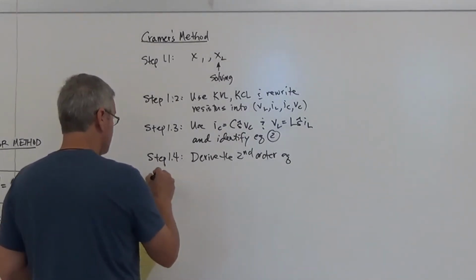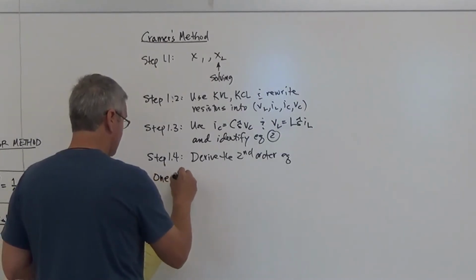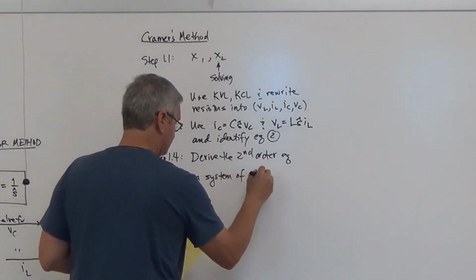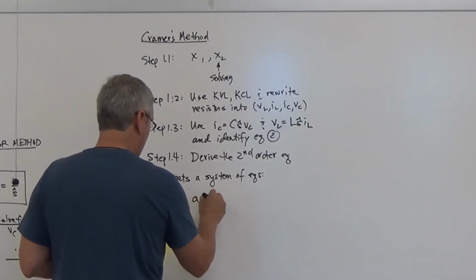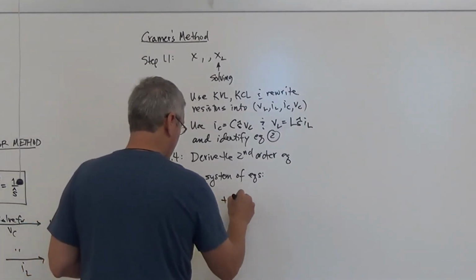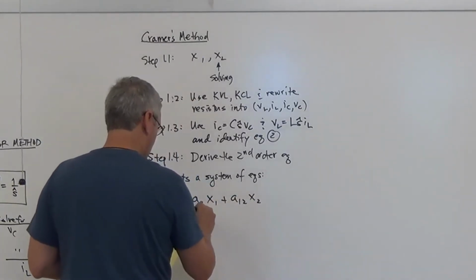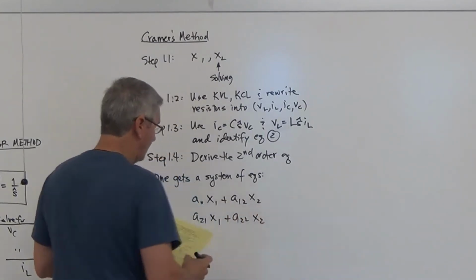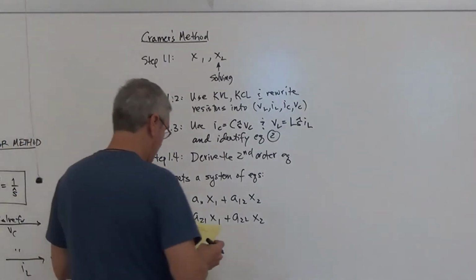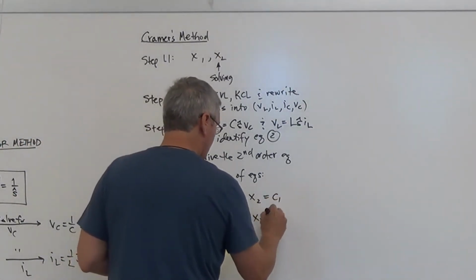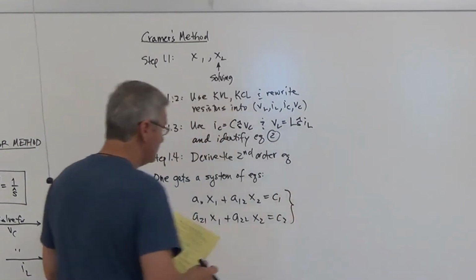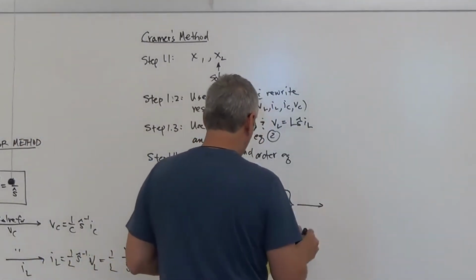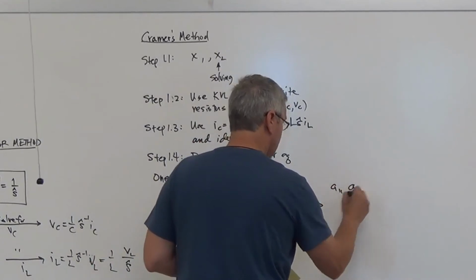So one gets a system of equations. For the sake of simplicity, I'll write them in this term right here. I've got x1 and x2, and they're going to have some constants. Let's call them c1 and c2. And if I rewrite the system, it's going to look something like this.